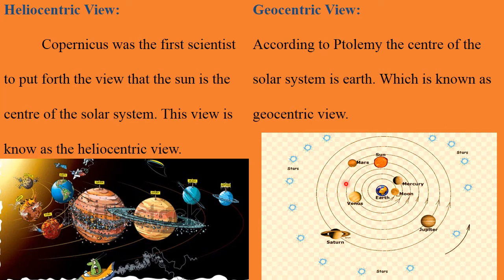This was the old and this is the new, and presently all of the scientists and researchers of the universe accept this view that the sun is the center of the solar system, and all other planets revolve around the sun. Some satellites revolve around the other planets, like the moon revolves around our earth.